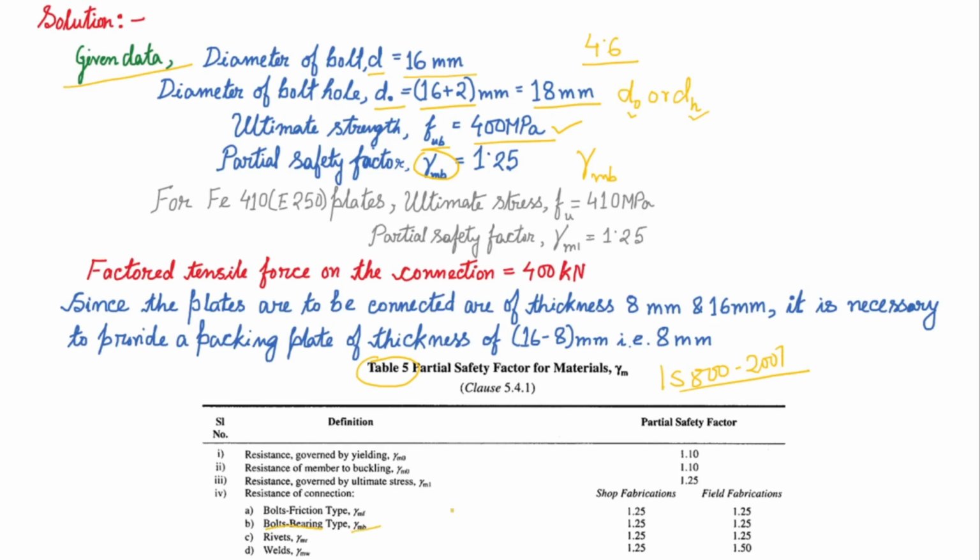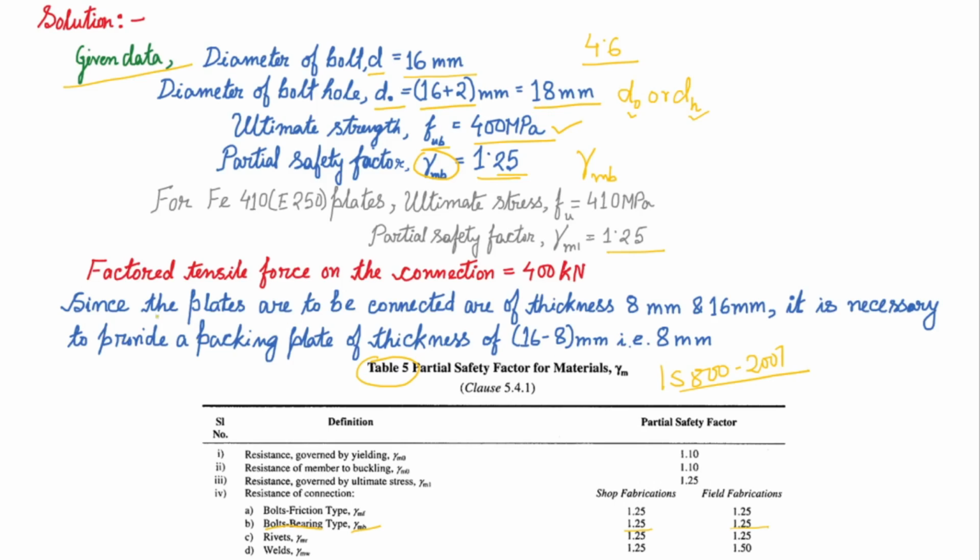So gamma MB value is 1.25 for shop fabrication as well as field fabrication. So I have noted down 1.25 gamma MB, partial safety factor for the bolt.